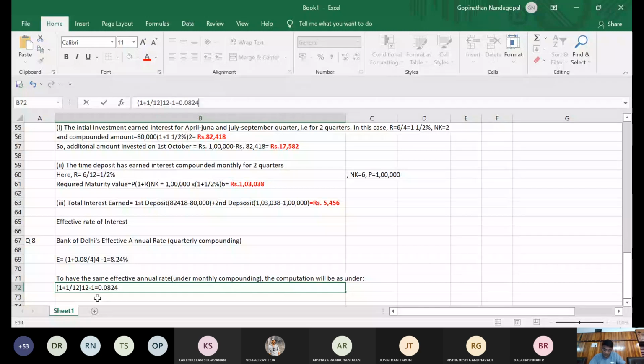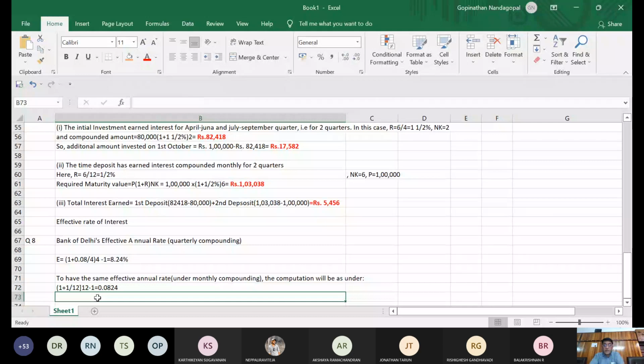So 1 plus i divided by 12, power of 12, is equal to 1.0824, already given.